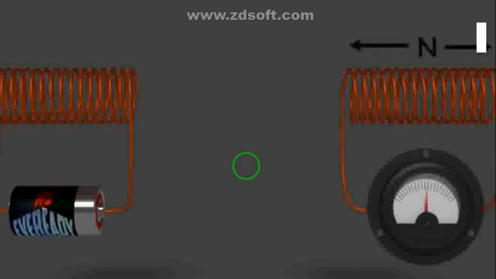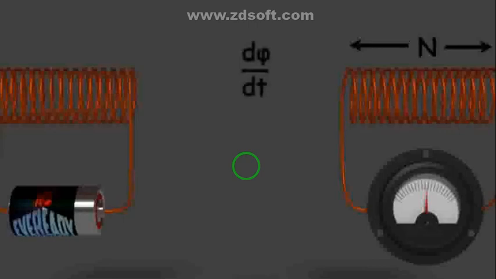Okay, let us explain Faraday's laws of electromagnetic induction with mathematical equations. Let us assume that the second coil has N number of turns, and the rate of change of flux linkages of the second coil from the first coil is dφ by dt.